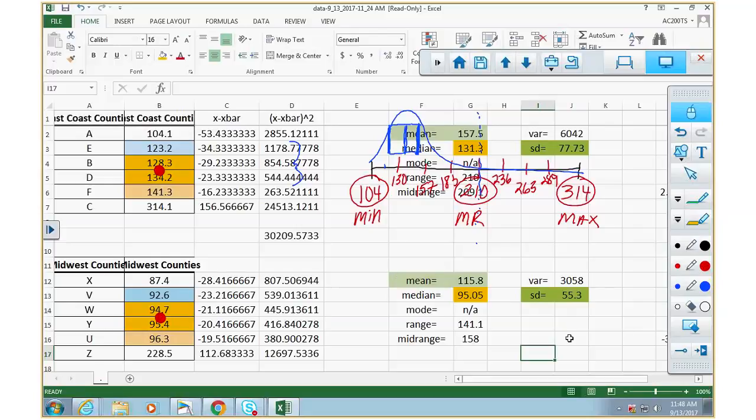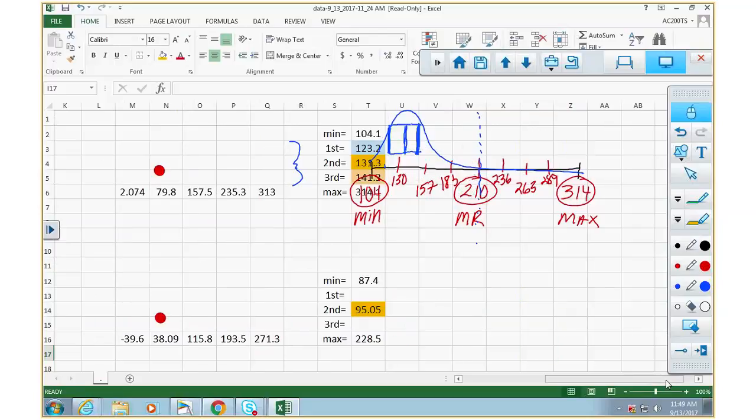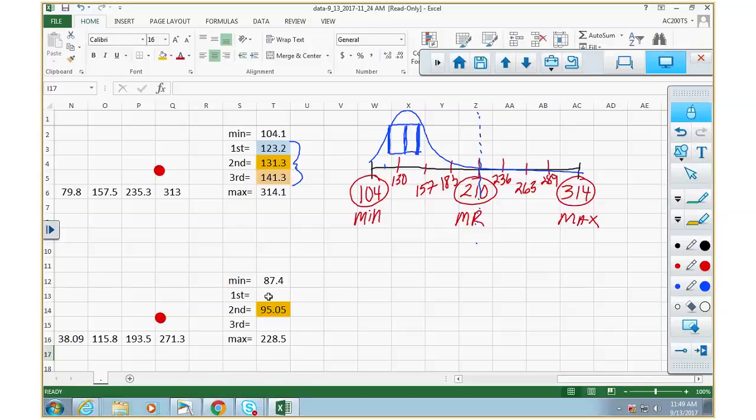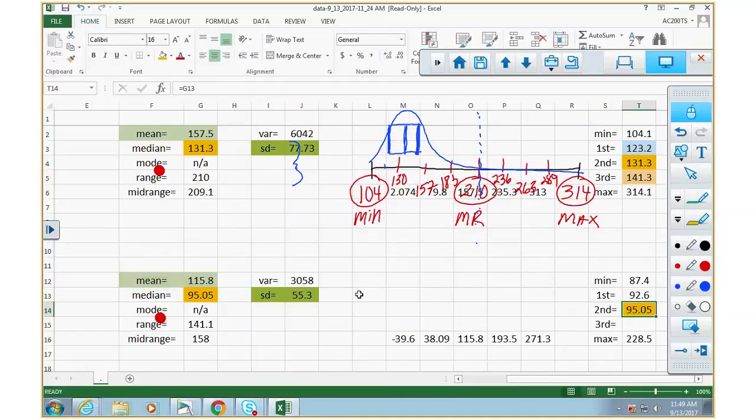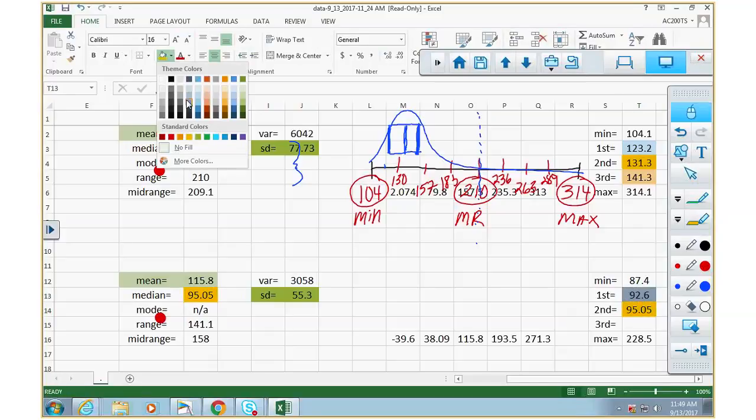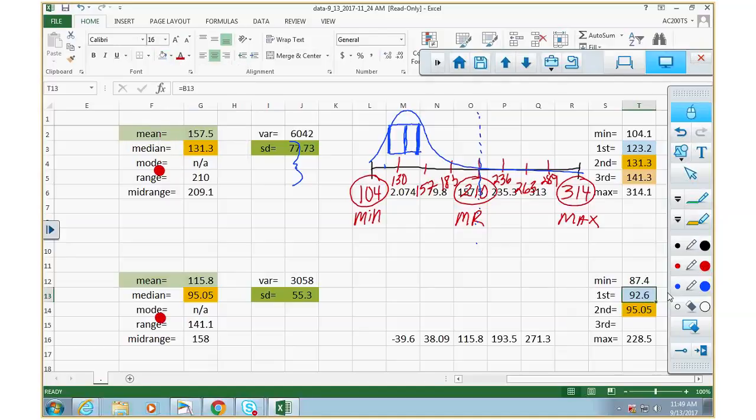All right, y'all finished? All right, well, the first one is equal to that number right there. We'll change that to blue. Blue. I don't know exactly what you call this.